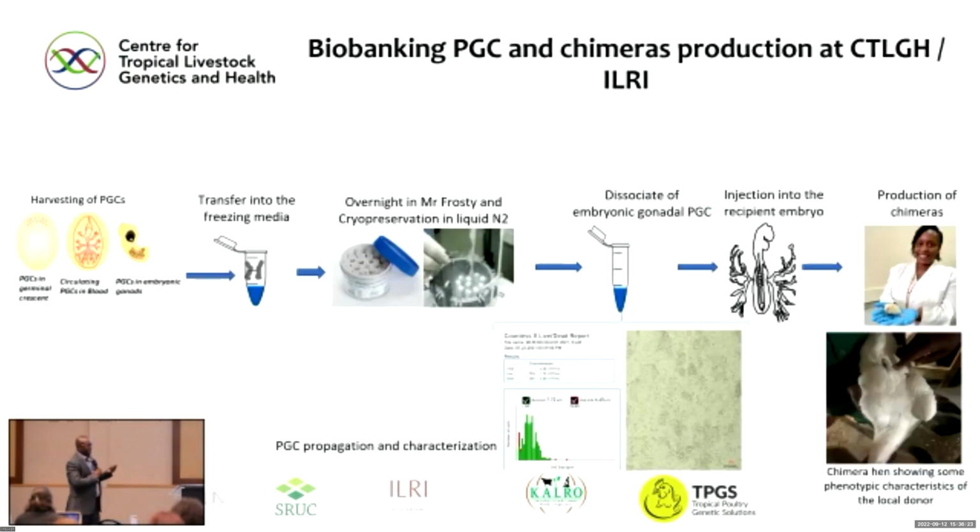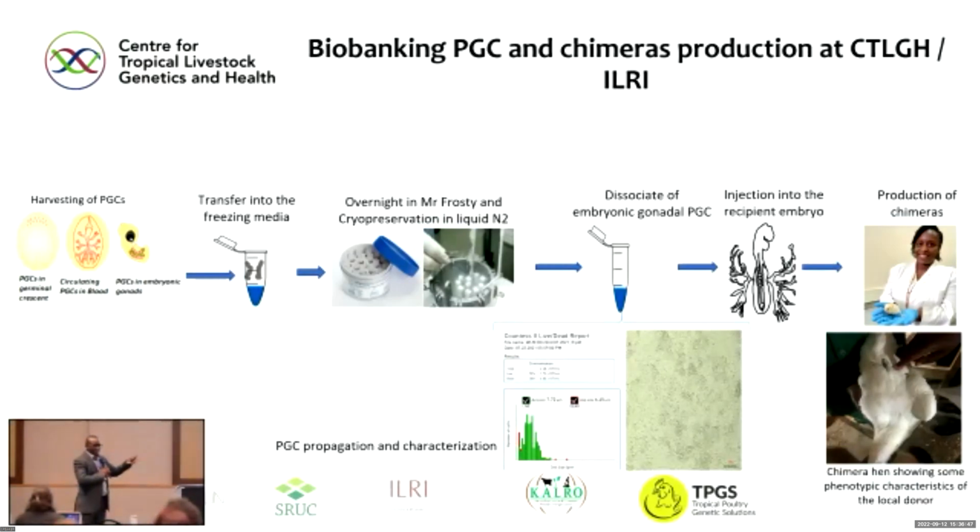So at ILRI, Nairobi, this is what we have been doing, of course, building also on what our colleagues from the Roslin Institute have been working on. So we isolate primordial germ cells from different ecotypes of chicken in Africa, either from the blastoderm, circulatory blood, or from the gonad, and have them cryopreserved.